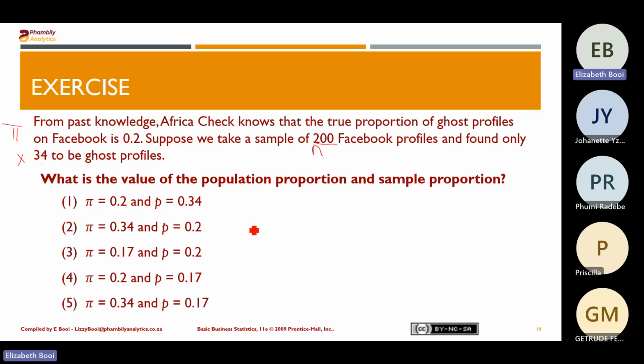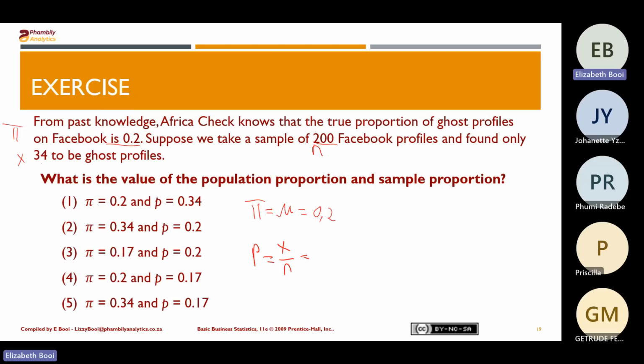So we know that our mean, our population proportion, is the same as 0.2. Our sample proportion is given by the observations satisfying divided by the sample size.